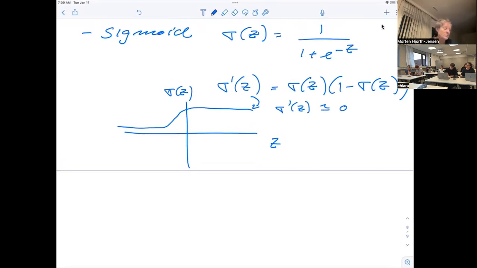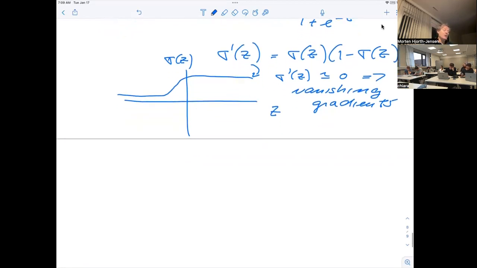And this is going to give problems when we train a neural network. I'm going to just write it here, and we are going to see that a little bit later. These are the so-called vanishing gradients, because when we set up the expression for the backpropagation algorithm, the gradients are going to be proportional to the derivative of the activation function. And you can see that this function becomes very flat when z becomes large in absolute value. And then we can run into problems with derivatives which vanish.